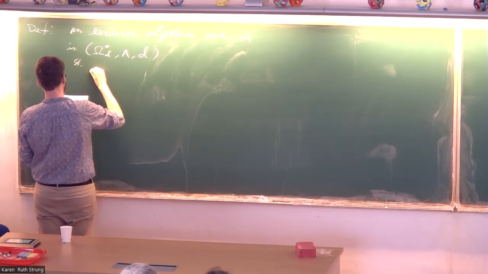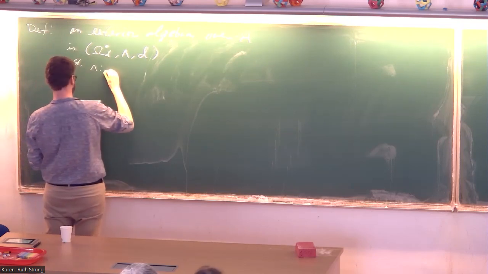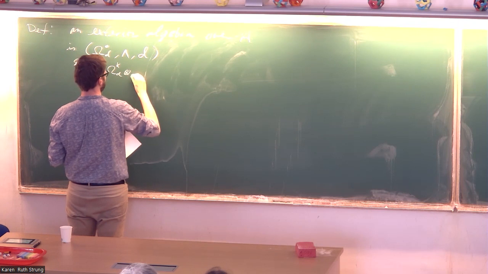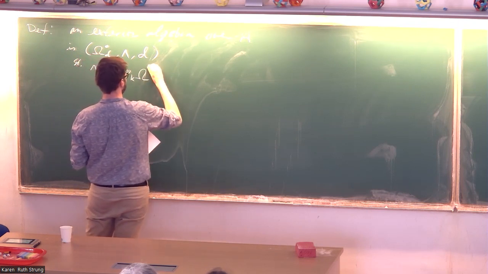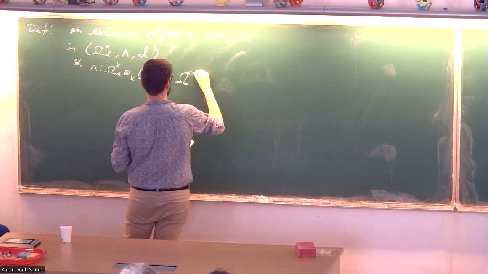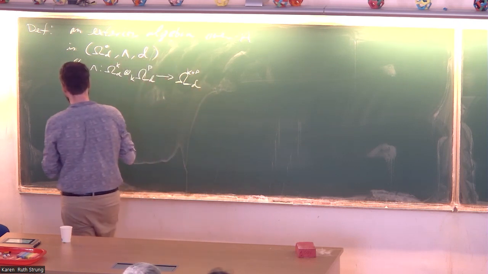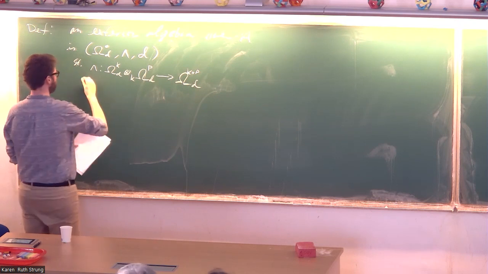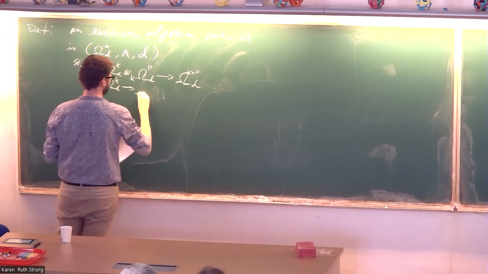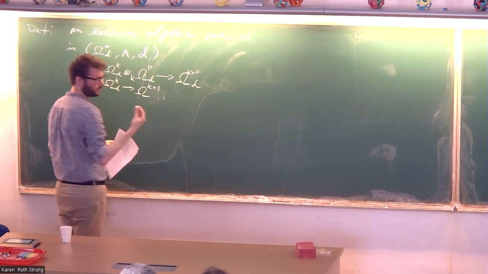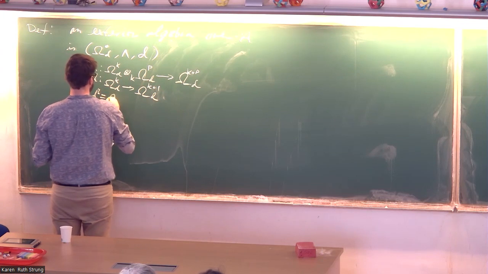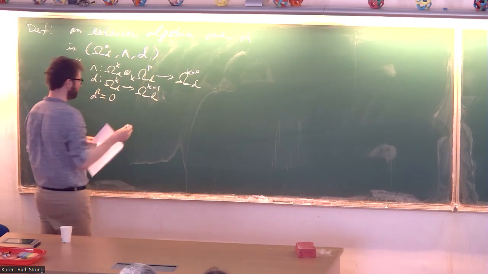such that wedge is a graded product and the differential d is a graded map of degree 1. d squared is equal to 0, of course, it's a differential.